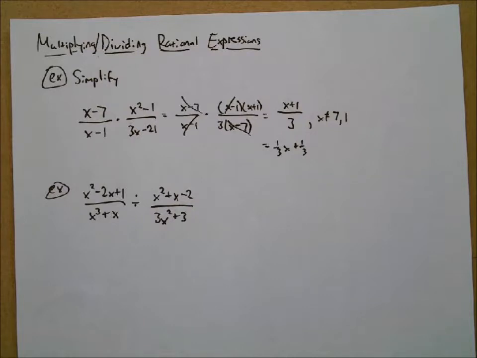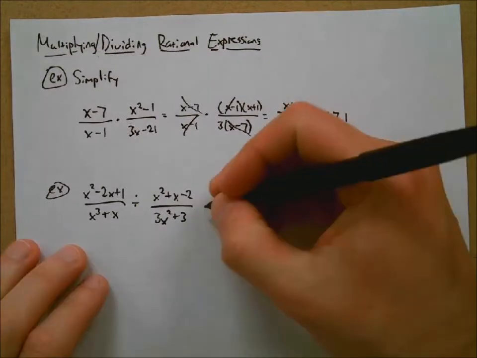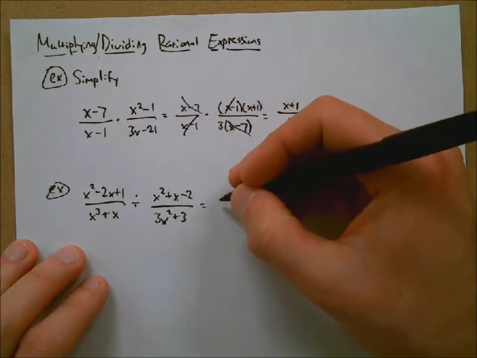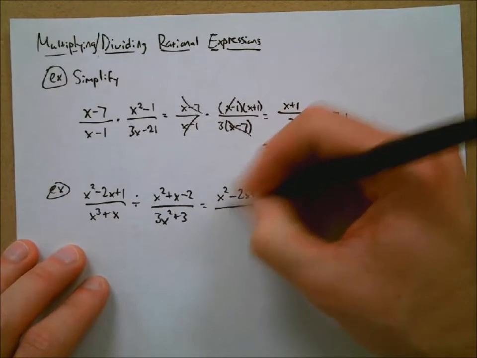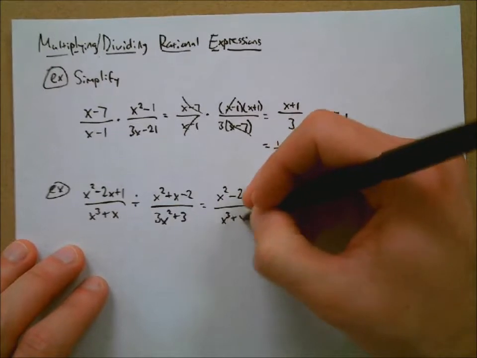So, of course, kind of like we did for the warm-up, instead of dividing, let's change this to what? Yeah, multiply by the reciprocal. Exactly right. I probably should have just gone ahead and factored as well, but oh well.